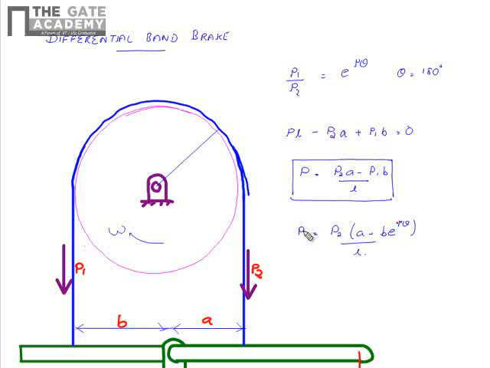So this actuating force can be positive, negative or 0 depending upon this value. So we have again three cases: when A is greater than B e power mu theta, it is called an energizing brake.